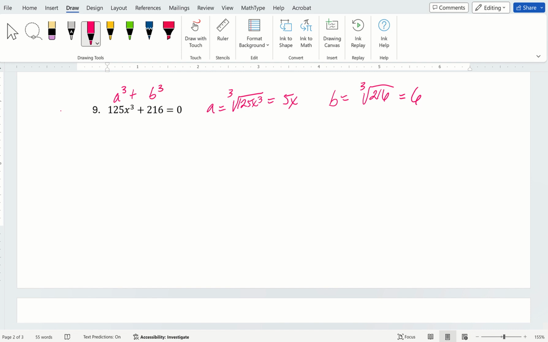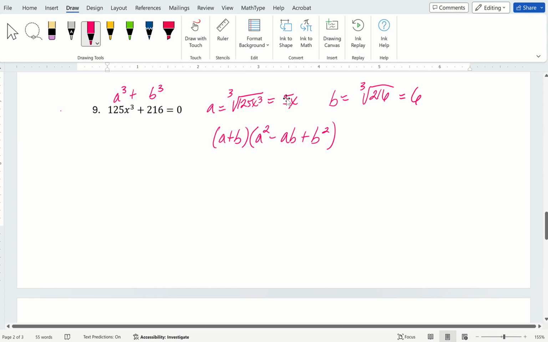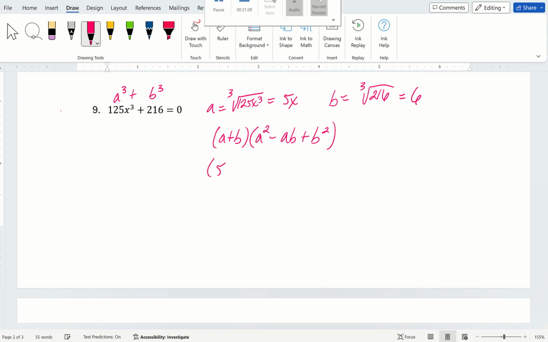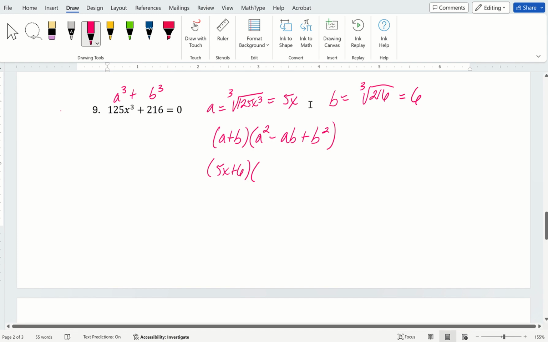The way that this works is the sum of perfect cubes factors into a plus b times a squared minus ab plus b squared. So I defined a as 5x, and I defined b as 6. The first thing we're going to do is just plug in a and b right here. So a plus b is 5x plus 6 times a squared.